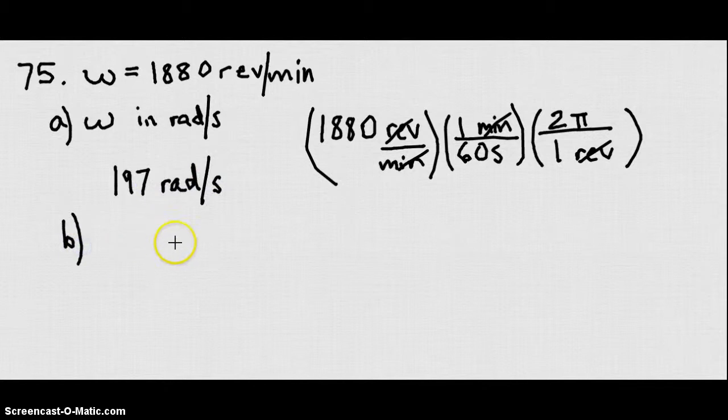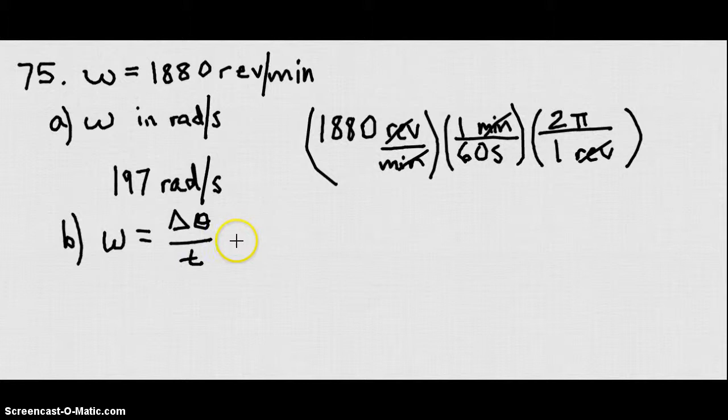Part B then asks, what's the angular displacement of the propeller in 2.50 seconds? And remember how angular displacement and angular velocity are related. Angular velocity is simply angular displacement over time.